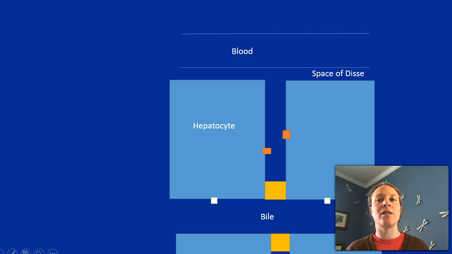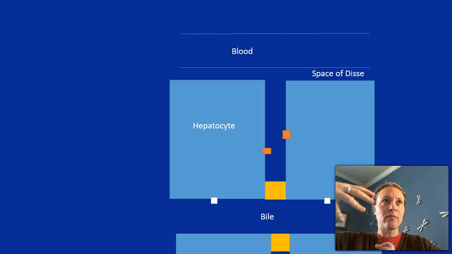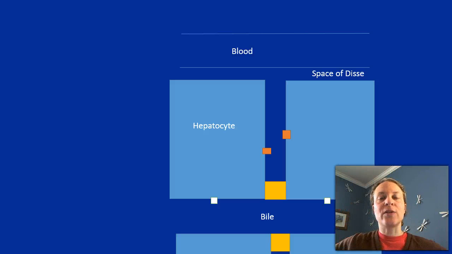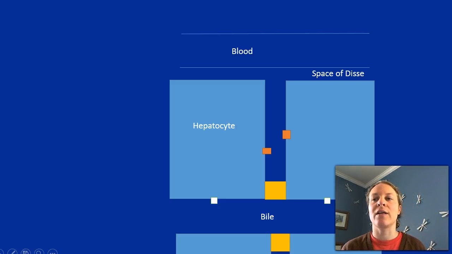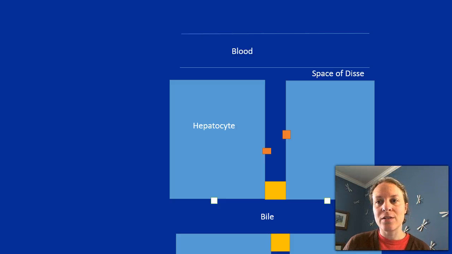The capillaries here are fenestrated, they're called sinusoidal, so it's relatively easy for things in the interstitial space to just get back into the bloodstream. This is not a typical capillary where it might be more difficult for substances to return into the capillary. But first, the bile acids would have to bust through this tight junction. So it's possible that when the pressure gets so high, that does happen.